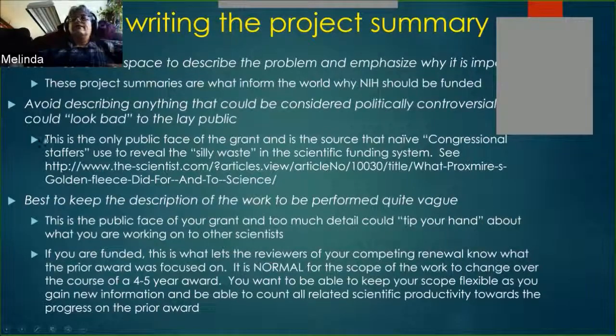Be very aware of describing anything that could be considered politically controversial or could look bad to the lay public. Again, you don't want your research summary, if somebody is naive or doesn't know much, to target you as waste, fraud, and abuse of federal funding.